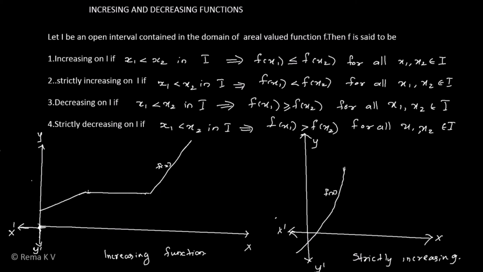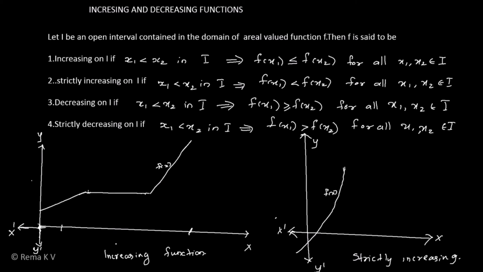Let us now see the explanation of this one through the graph. So here, consider this graph. Here, let I be an open interval. Let this be an open interval in the domain of f.